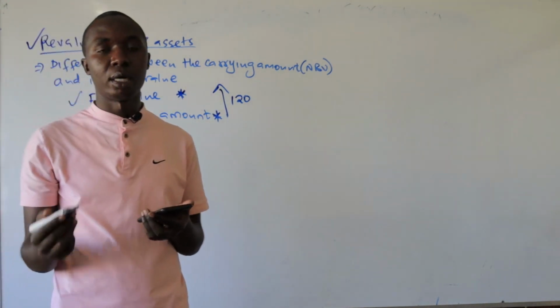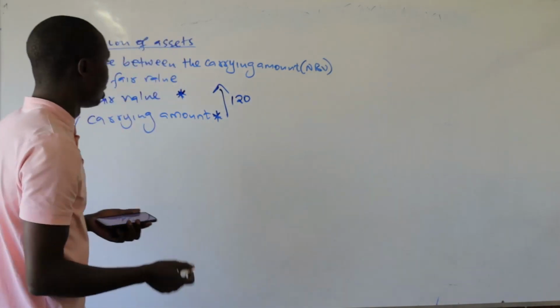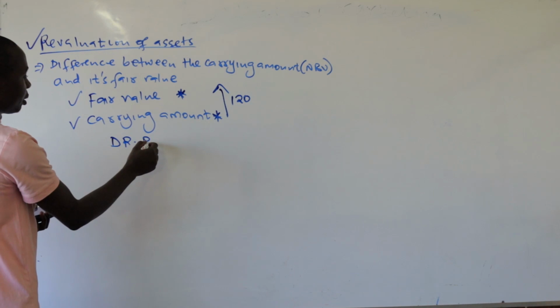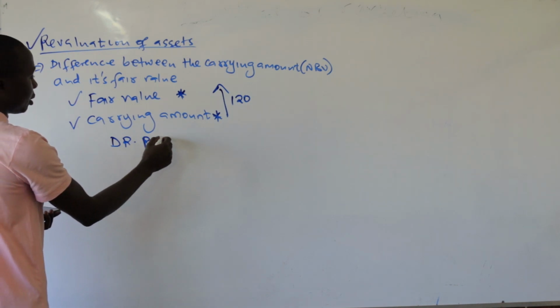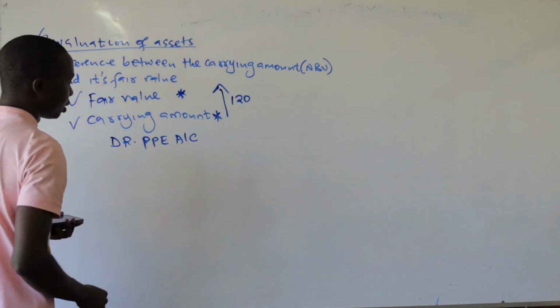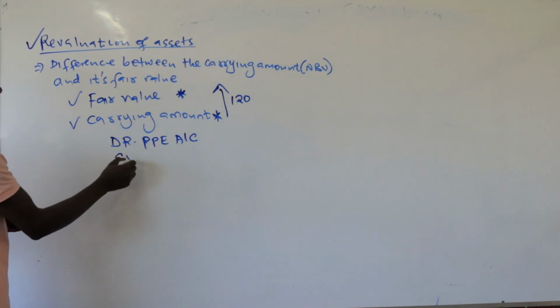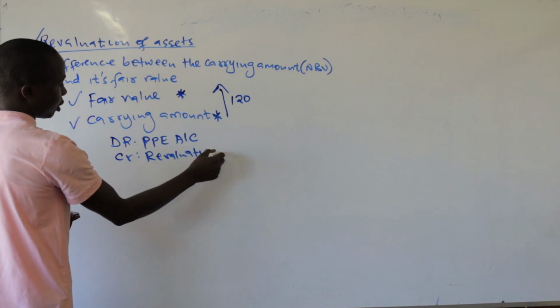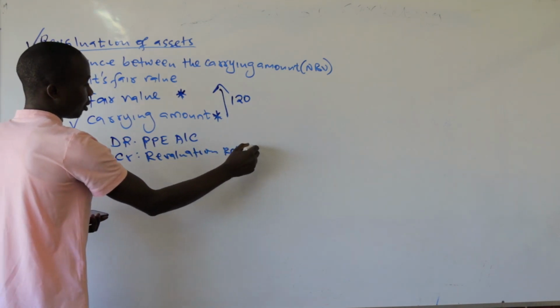That is what we call revaluation. With a revaluation gain, you are supposed to debit the property, plant and equipment account, then you credit the revaluation reserve account.